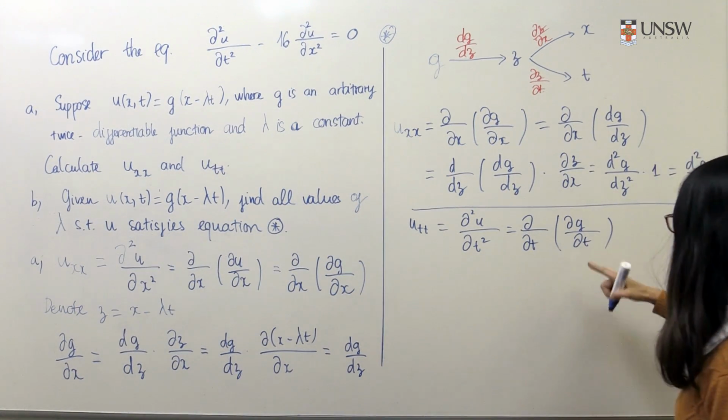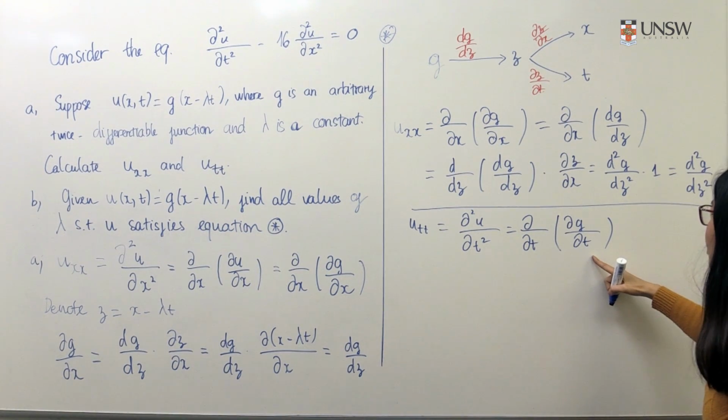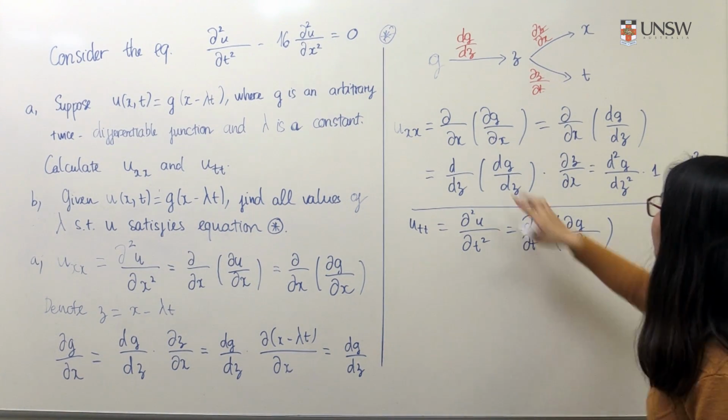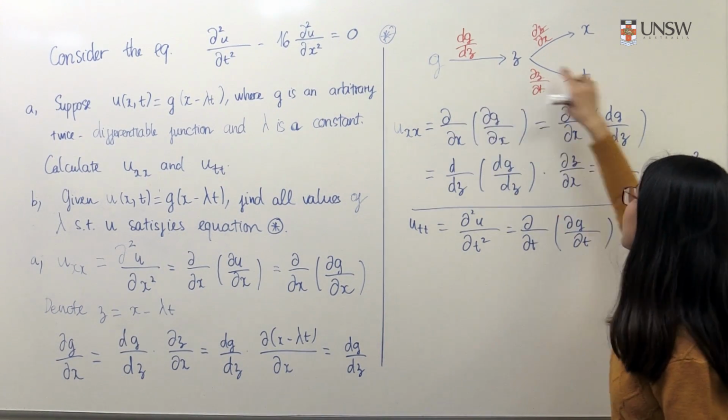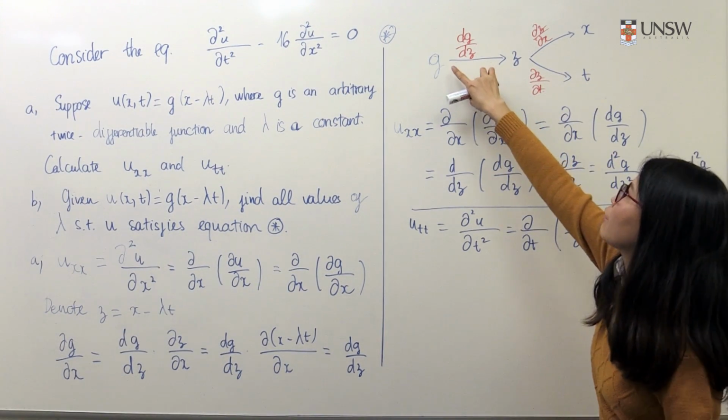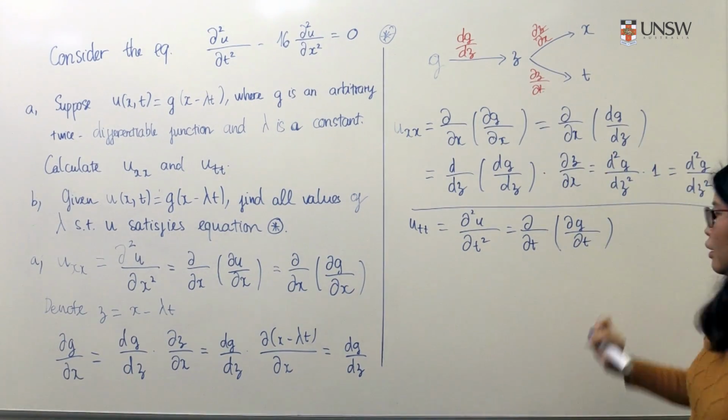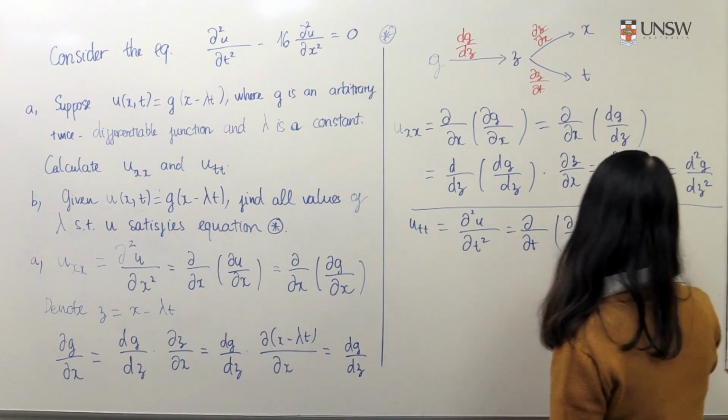So for the thing in the bracket here, we use the chain rule again. So we have this leg, we need to sum up all the parts from g to t, and in this case we have only one path, from g to z and z to t.